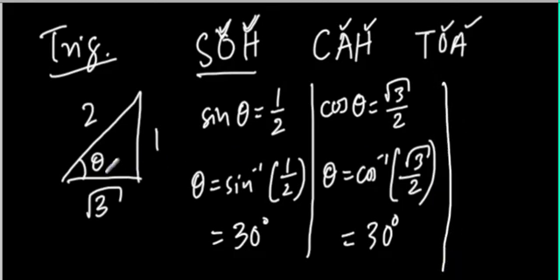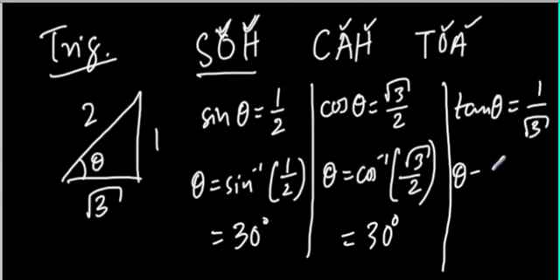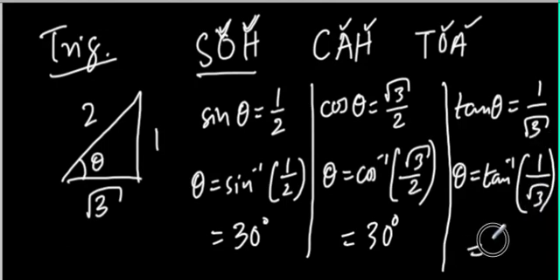And finally, what if I wanted to just use the opposite and the adjacent? We can just use tan in this case, so tan theta is 1 over root 3, and theta is equal to tan inverse of 1 over root 3, and that is equal to 30 degrees.